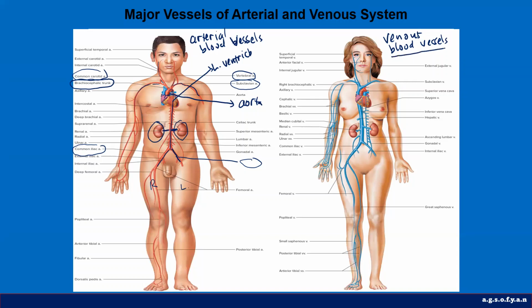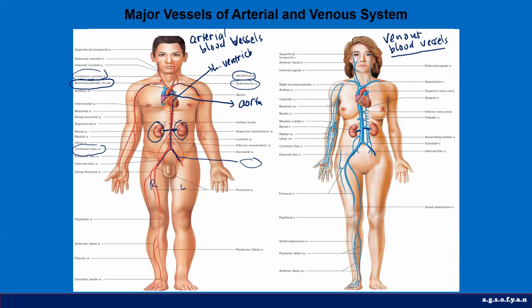So the vein on the right side over here, for example from the kidney, the vein that comes out from the kidney is called the renal vein, left and right, and from the lower part of our body, there will also be the external iliac vein and external left iliac vein.